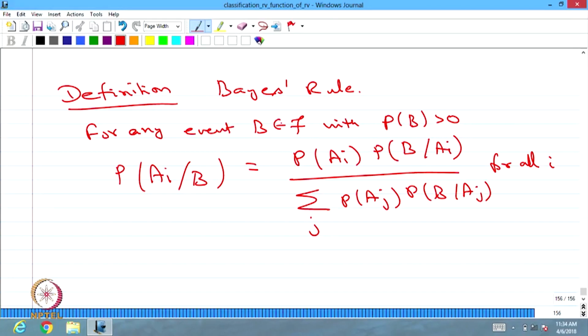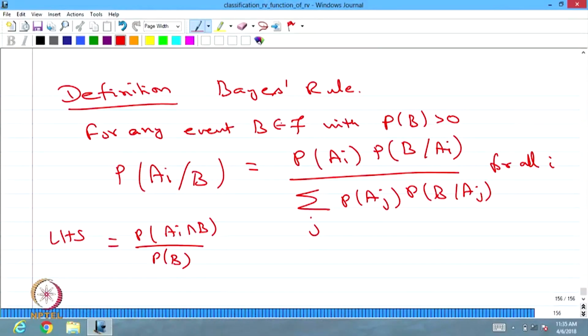Therefore, this ratio is the probability of Ai given B. You can prove it easily. The left hand side is the same as the probability of Ai intersection B divided by the probability of B. So in the numerator you can apply the conditional probability, and in the denominator you can use the total probability rule, therefore you can get the answer.